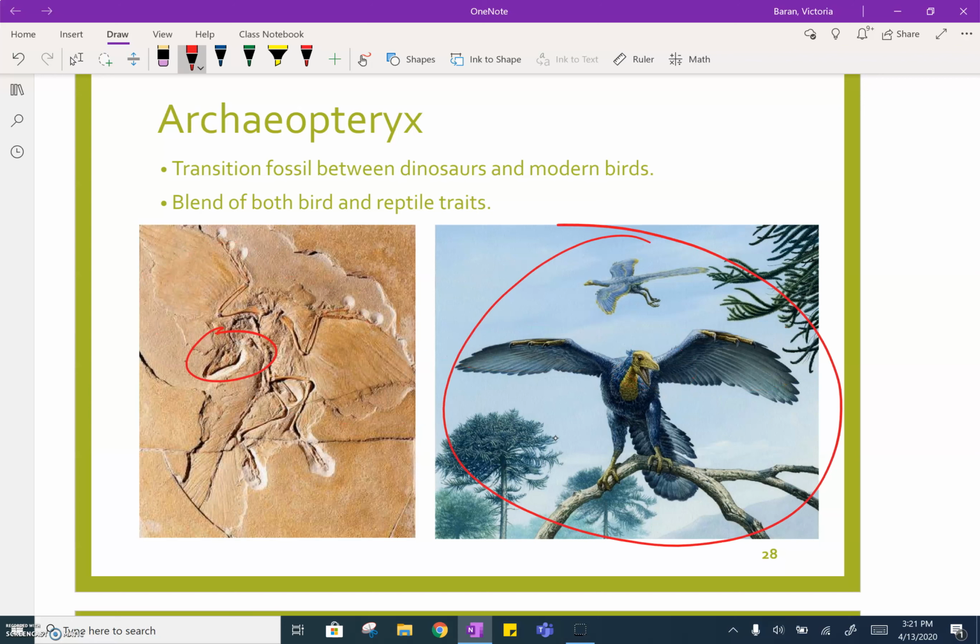This picture over here to the right, this is just a rendition of what scientists think Archaeopteryx looked like. This is the actual fossil. So this is the common ancestor that would have been shared between modern birds and reptiles. And there's a whole bunch more out there, but these are probably the 2 most notable ones.